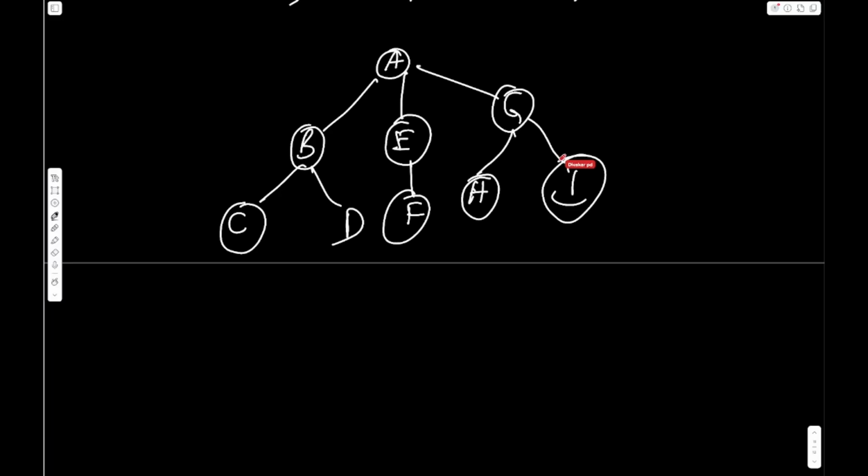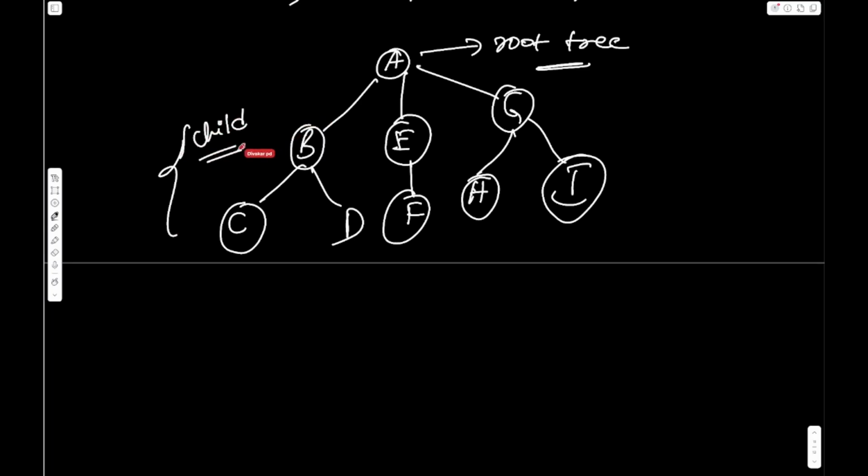Here, this is the root node of a tree. These are the child nodes. Whichever nodes are connected to the root node, those are the child nodes. The topmost node is called a root.